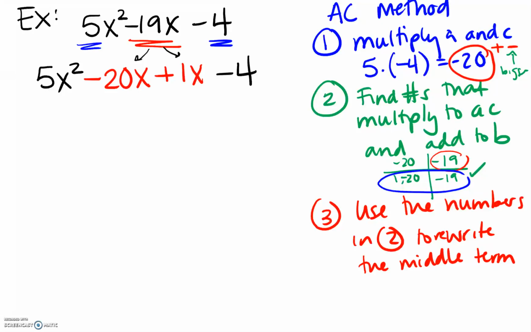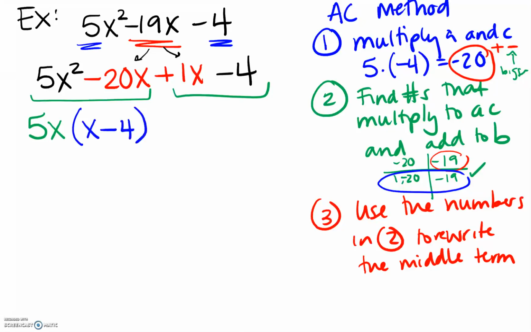And the reason why we do that is because now we can finish this by factoring by grouping. Out of the first 2, we can take that 5 that we recognized, in fact, 5x. This will leave us with x minus 4. Now on the back end, we already have x minus 4. So what we can do is bring down this plus, factor out a 1. 1 is not going to change anything if we multiply it in, so that 1 can be there as a placeholder.